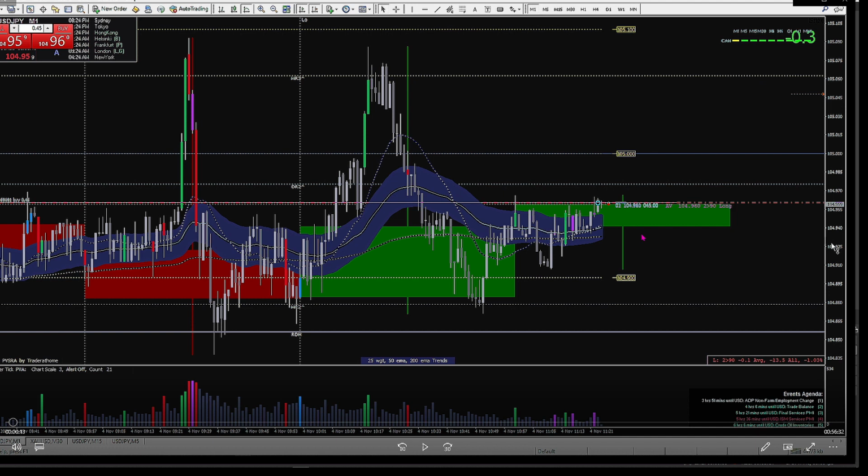So I pulled up the 1 minute time frame. Now, the 1 minute time frame for me is my entry, but it's also where I am looking at understanding what price is doing. Guys that trade the daily, the 4 hour, the 1 hour, there's nothing wrong in trading that. All right. Some people need more confirmation. But the problem is, the nature of my trading style, being a scalper, I'm going to miss the move.